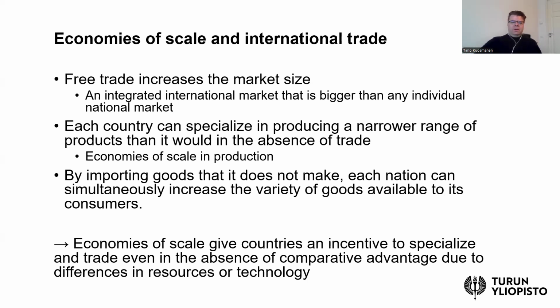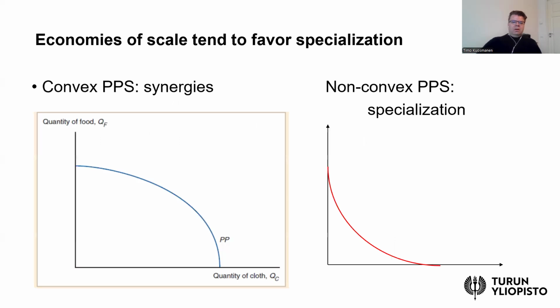If we think about economies of scale and specialization in more detail, here on this slide in the left panel I have a figure that we have introduced before, with a convex production possibility set, which is curved away from the origin.